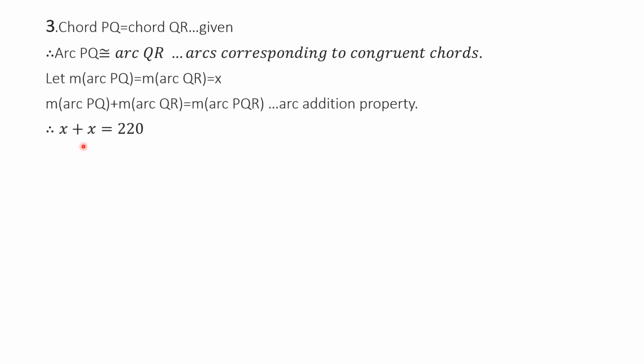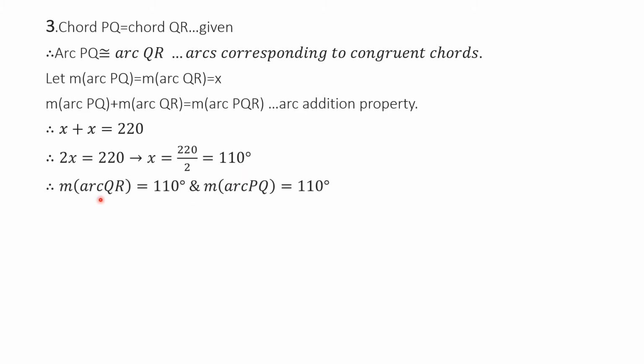Therefore, x plus x is equal to 220 degrees. Therefore, 2x is equal to 220 degrees, and we get x is equal to 220 upon 2 is equal to 110 degrees. Hence, measure of arc QR is equal to 110 degrees, and measure of arc PQ is also equal to 110 degrees. So, we got the third answer.